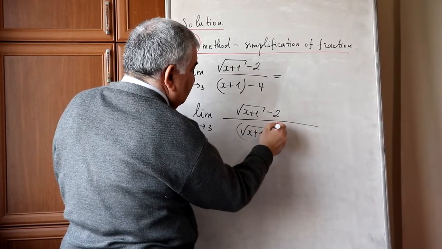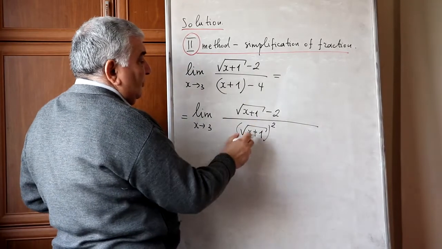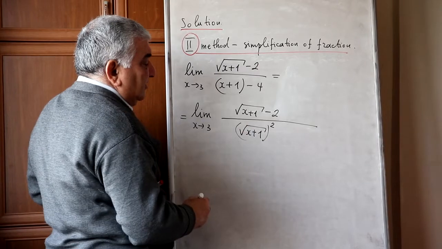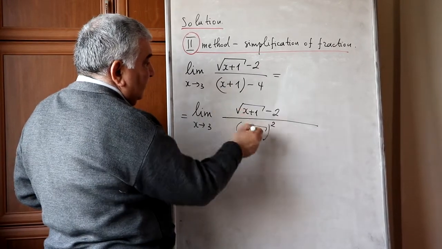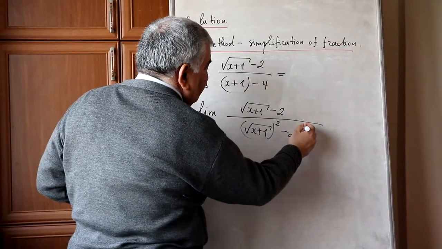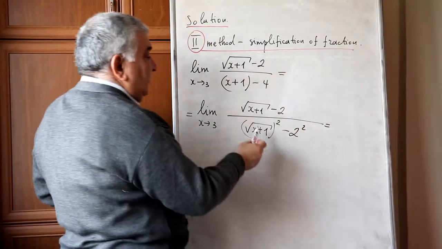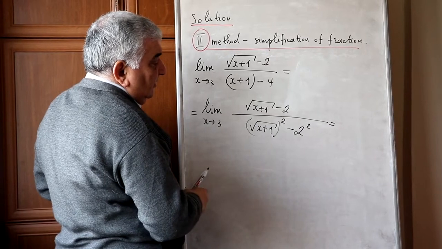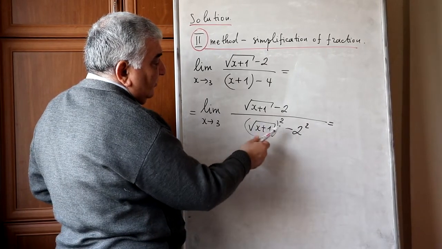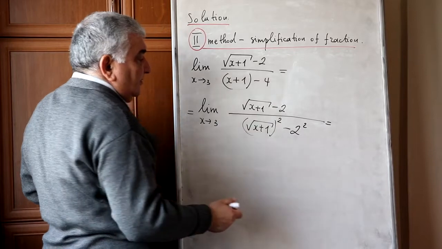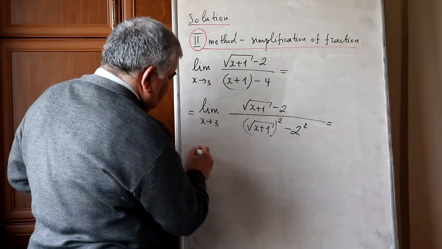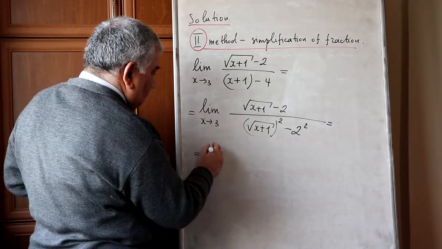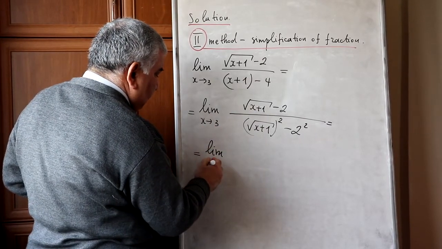Because you know that the square of a square root is the expression under the root. So under the root is x plus 1, and minus 2 squared, 4 is 2 squared. Then it is a square difference, and we can factorize this denominator.